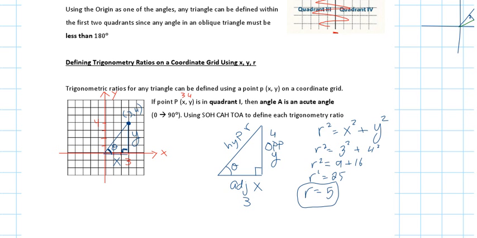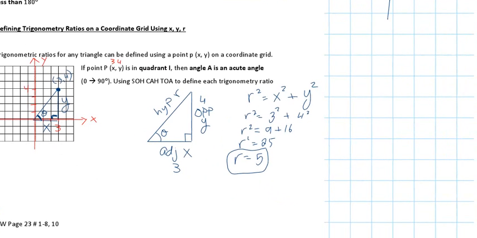Now, we're going to use the trig ratios, so sine, cosine, and tan, but we're going to find them with X and Y and R. So sine is what? In SOHCAHTOA, sine is what? What do I call the opposite here? What letter?